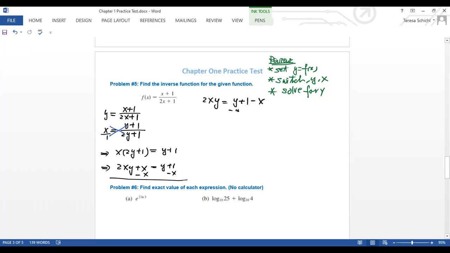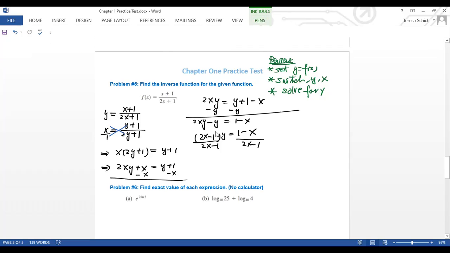Now I subtract y on both sides. So this is 2xy minus y equals 1 minus x. Then in order to solve for y, I need to factor the y out. So this is y times (2x minus 1) equals 1 minus x, right? Then I will divide by 2x minus 1 on both sides.